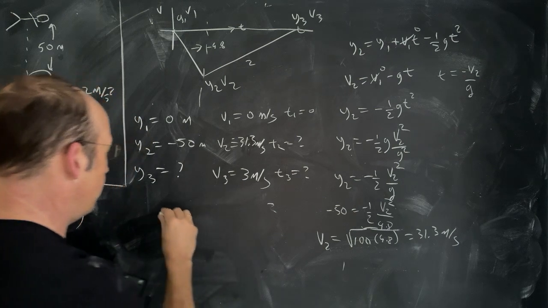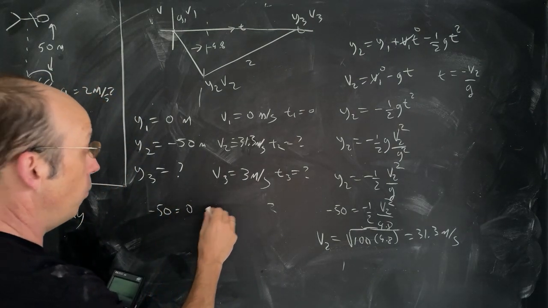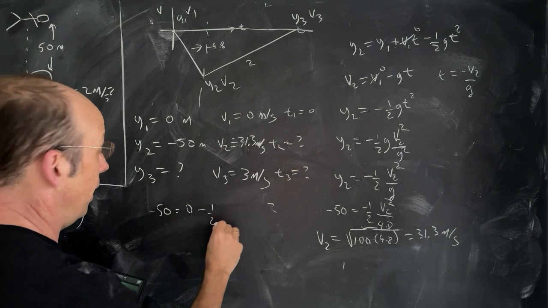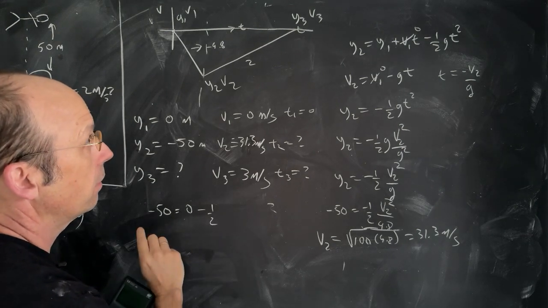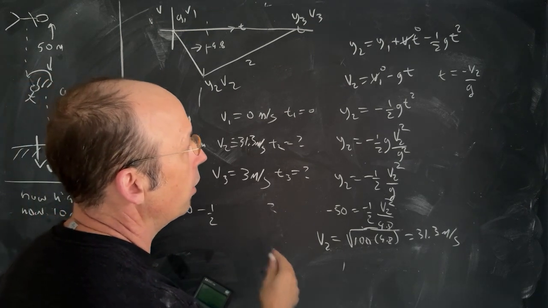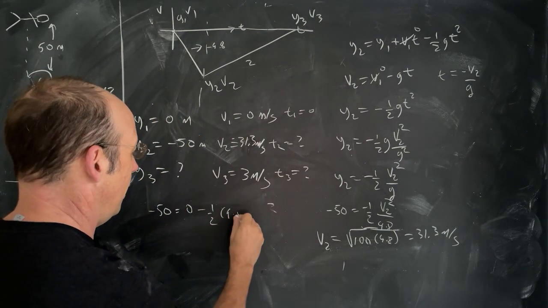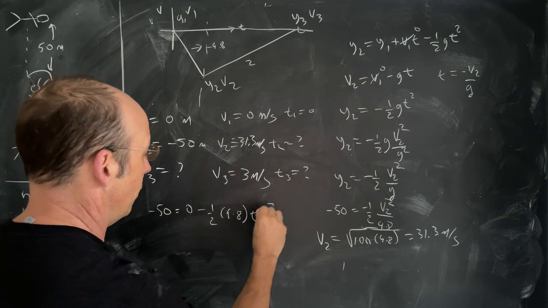Okay, so y2 is going to be negative 50, y1 is 0, v1 is 0, minus 1/2 9.8 t squared.